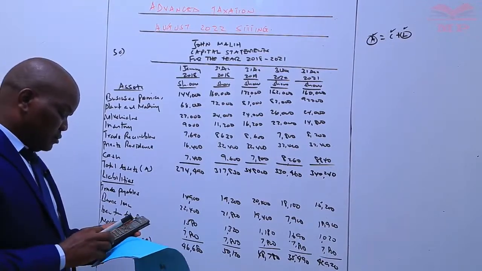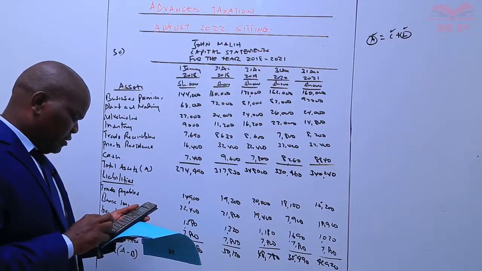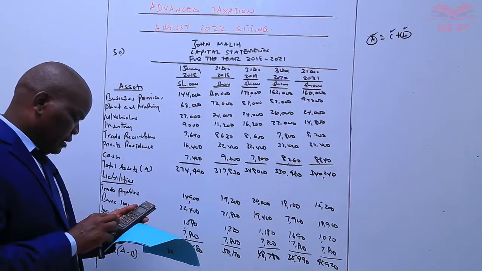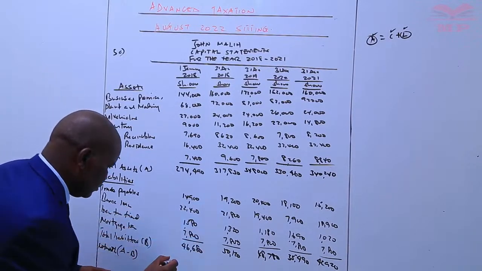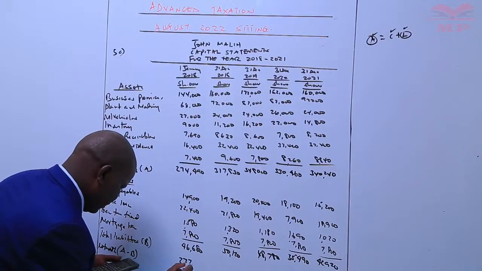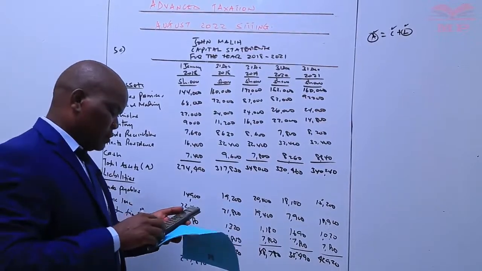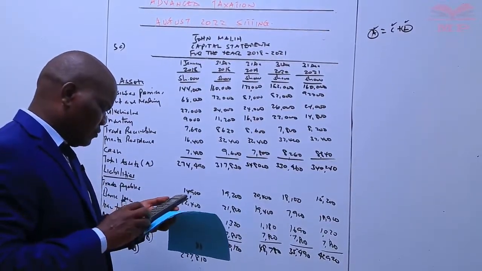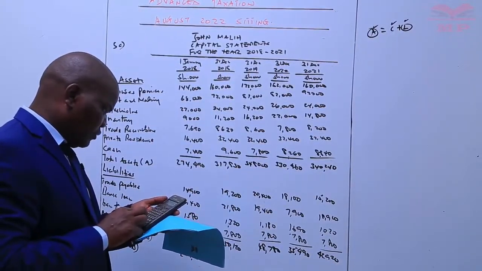We move: 2018 January, 274,490 minus 46,680. I get 227,810. Then 317,830 minus 50,120.